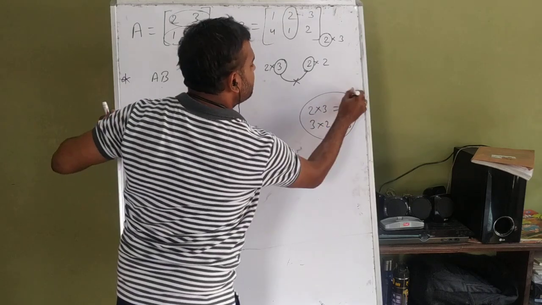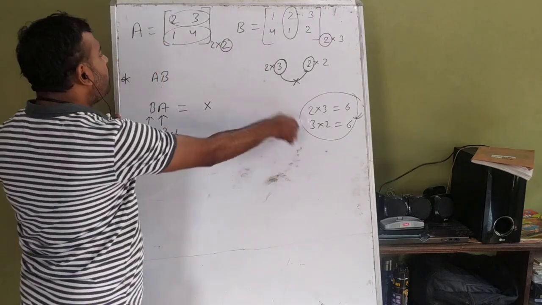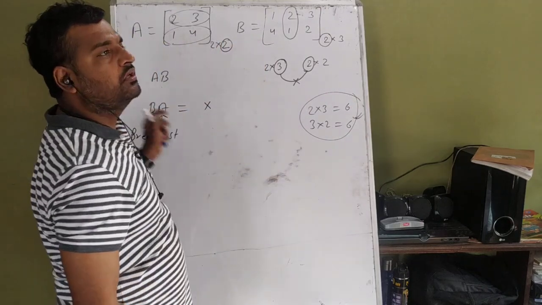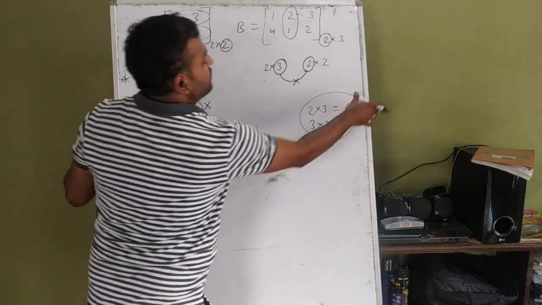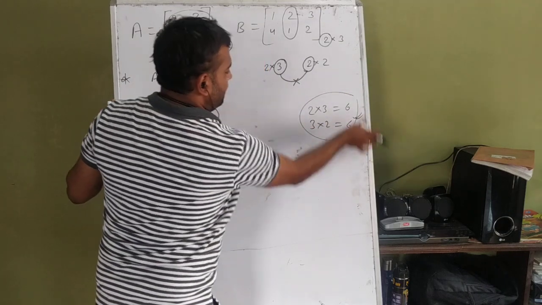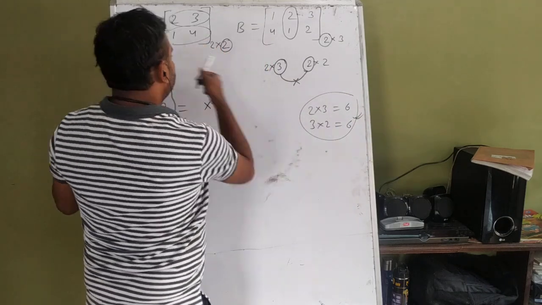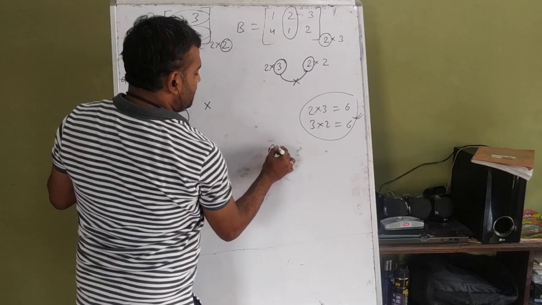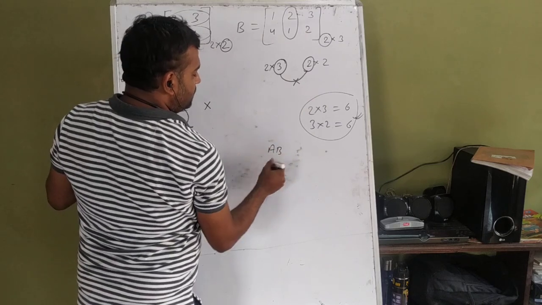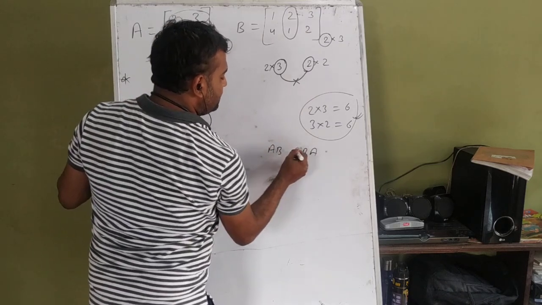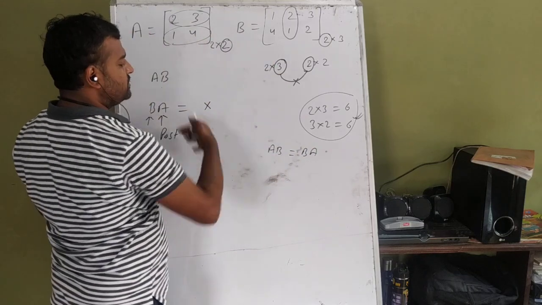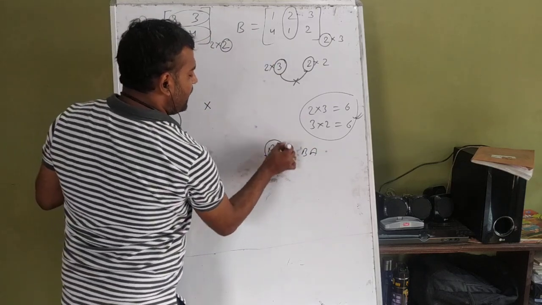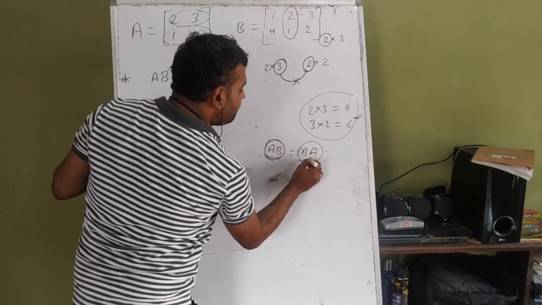This is possible for numbers, but not possible for matrices. We cannot say in every case that if two matrices are given, then the product AB and the product BA both will be the same. In many cases, AB can be calculated, but BA can never be calculated.